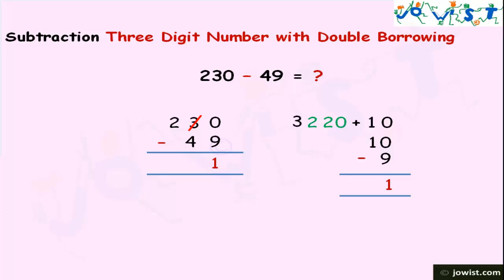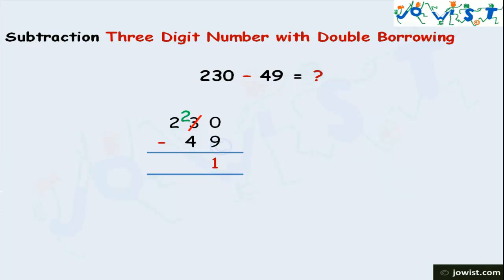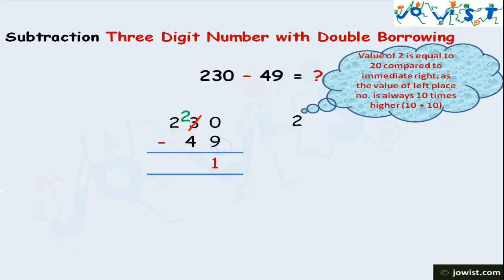As 10 was borrowed by the ones place, the digit in the tens place is now 2. We will subtract 4 from 2. 4 cannot be subtracted from 2, so we will borrow from the hundreds place.